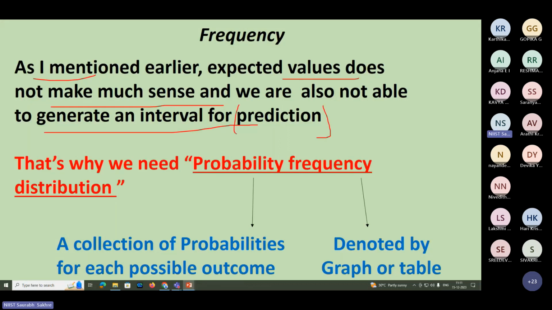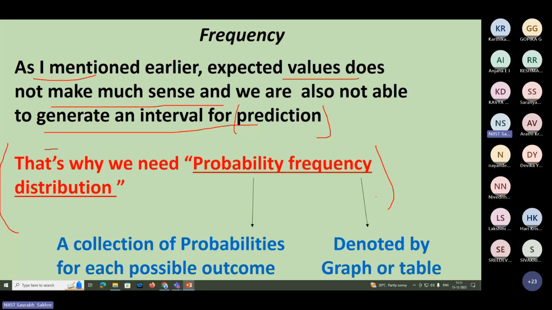When I'm making a prediction, I should be able to say that it will be between this and this. In the previous case, I'm not able to make any prediction. That's why we need a probability frequency distribution.